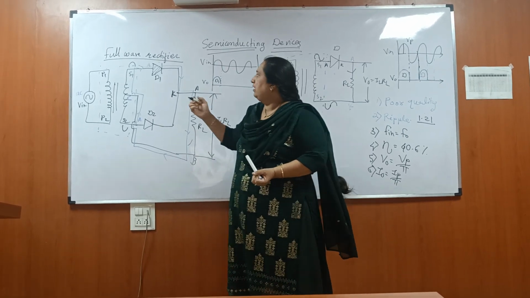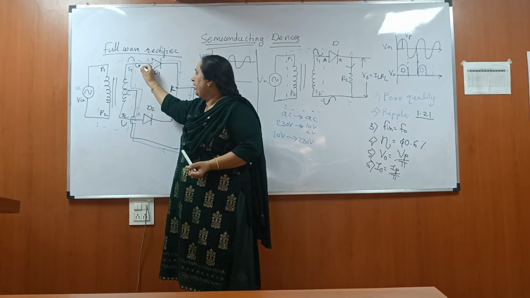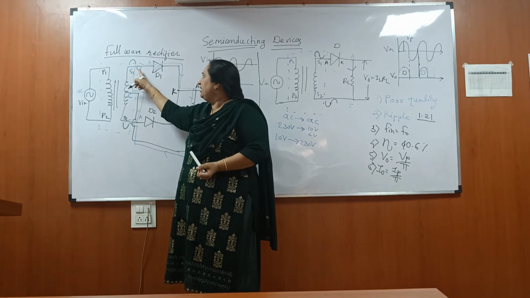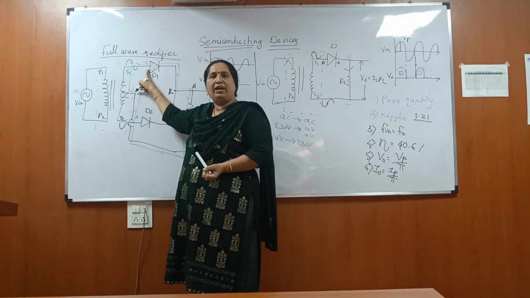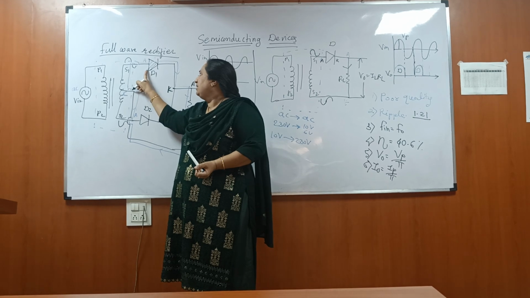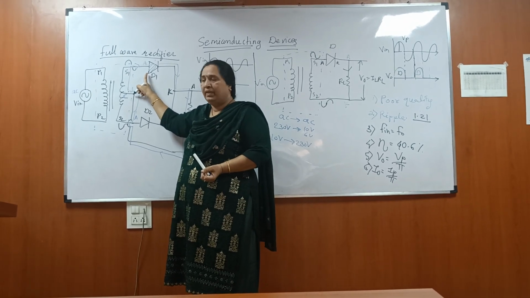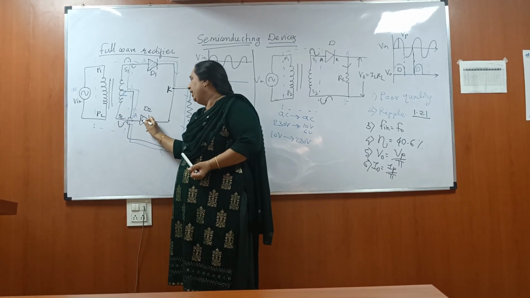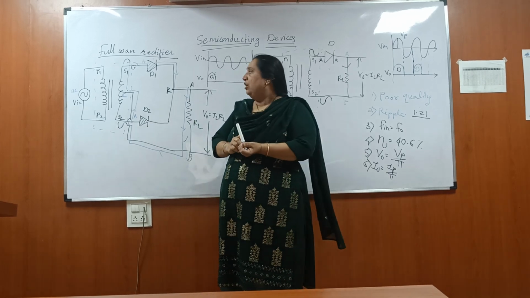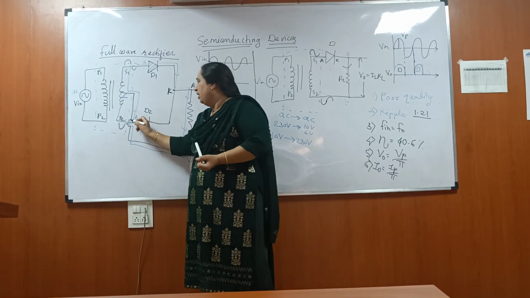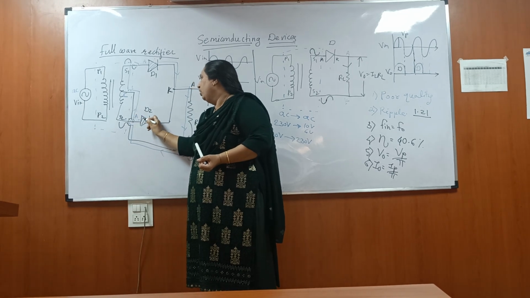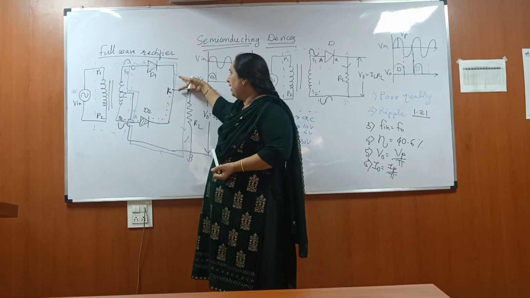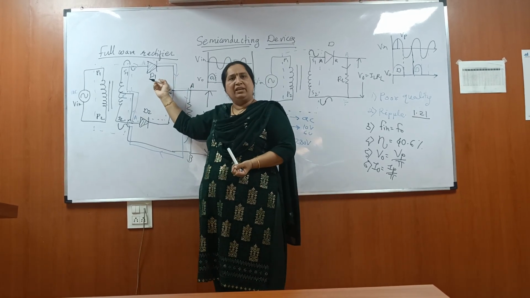During the next half cycle, when S1 is at negative potential and S2 is at positive potential, this negative is given to the anode of diode D1. So this diode is in reverse bias. Now positive is given to this anode, so diode D2 is in forward bias. So current flows from S2 to D2 to the common cathode K. Again, there are two paths for current, but diode D1 is in reverse bias.